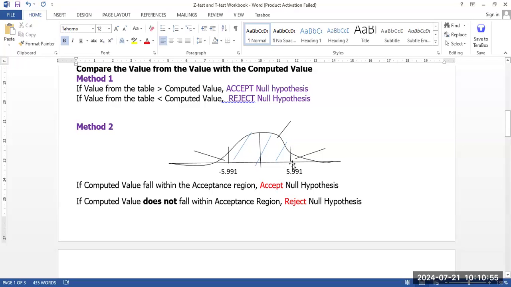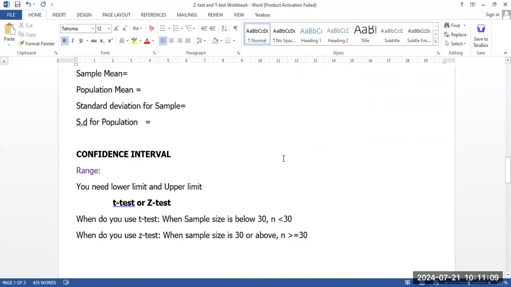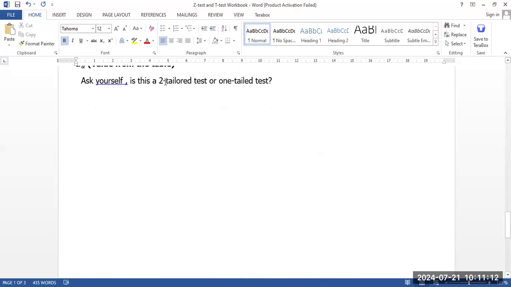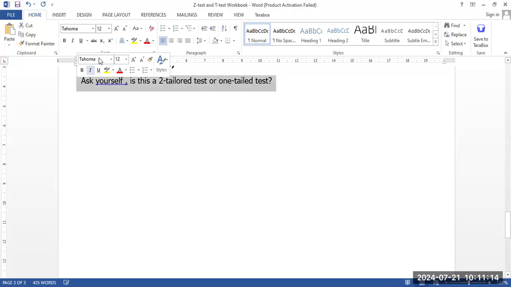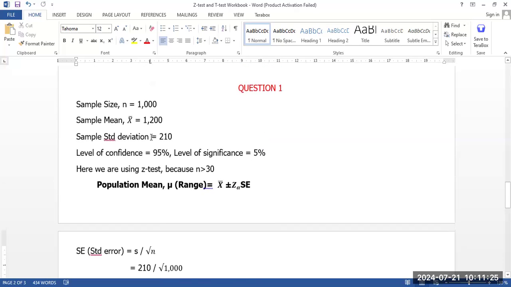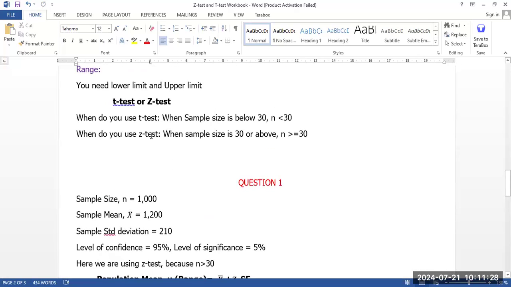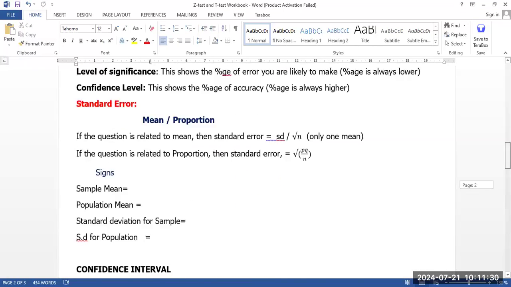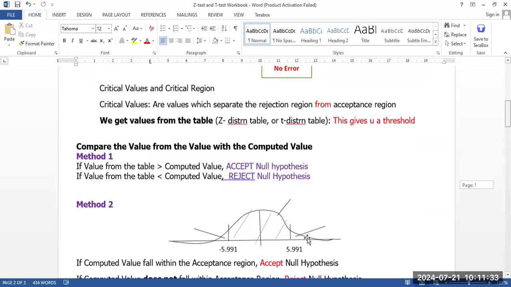You create one critical value and work accordingly. But if you want to understand it clearly, when it comes to our scenario here, this question, we don't have the sign.